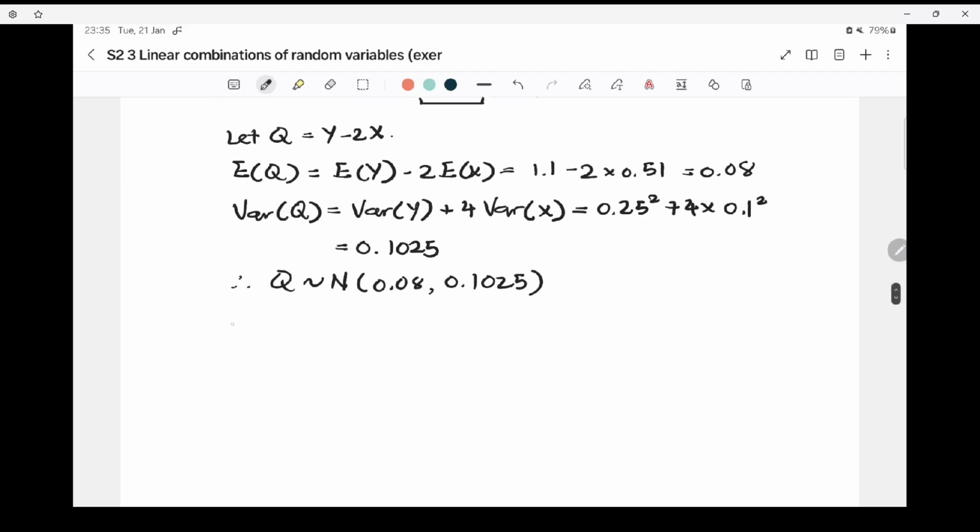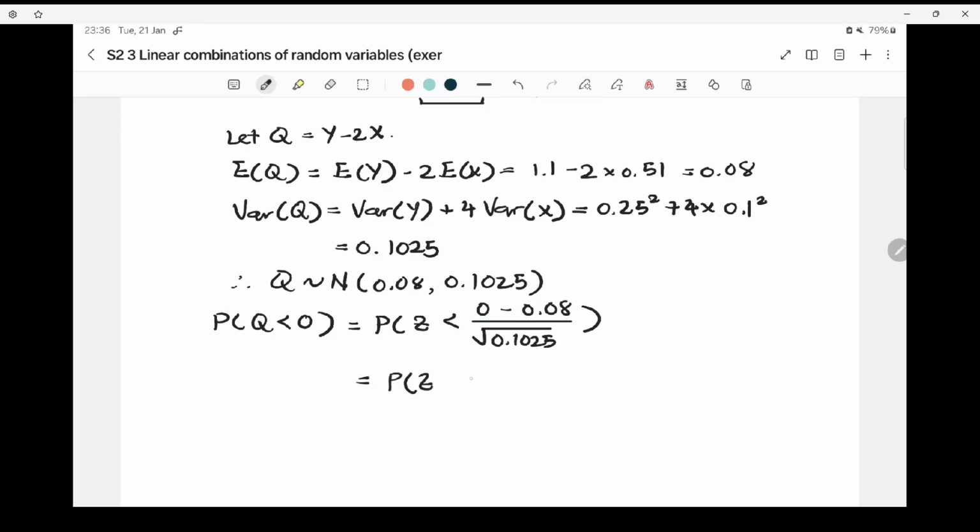So now what you want to find is basically P(Q smaller than 0). So you need to convert to Z score. So this is P(Z smaller than (0 minus 0.08) divided by the standard deviation). So you need to take the square root. So this will be P(Z smaller than minus 0.2499), or we should just round it to 0.25.